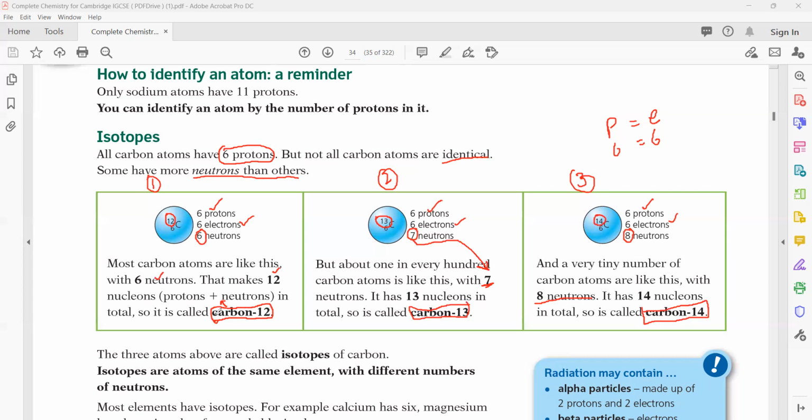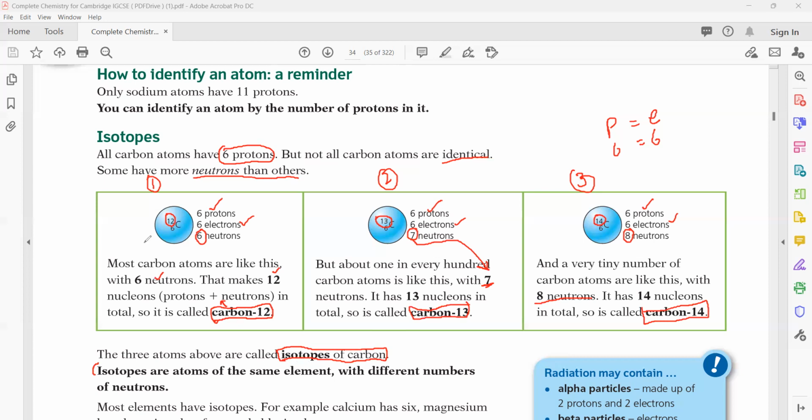Understand? The three atoms above are called isotopes of carbon. If an element or atom shows this kind of nature, we call them isotopes. What do we call them? Isotopes. So that is the definition of isotope. Isotopes are atoms of the same element.